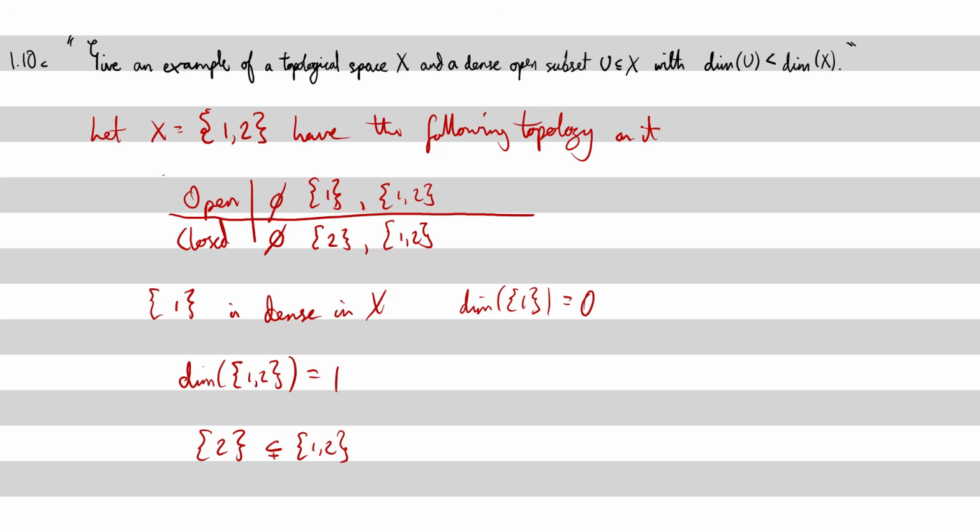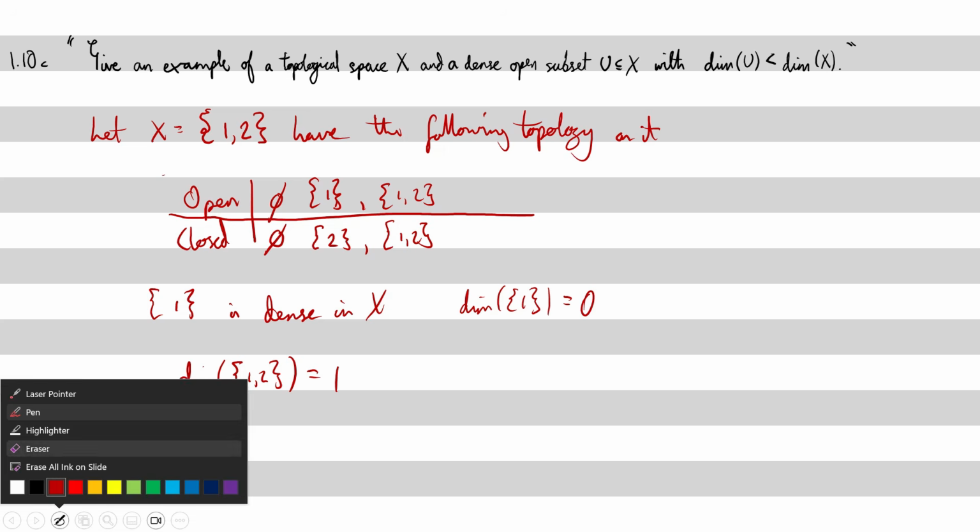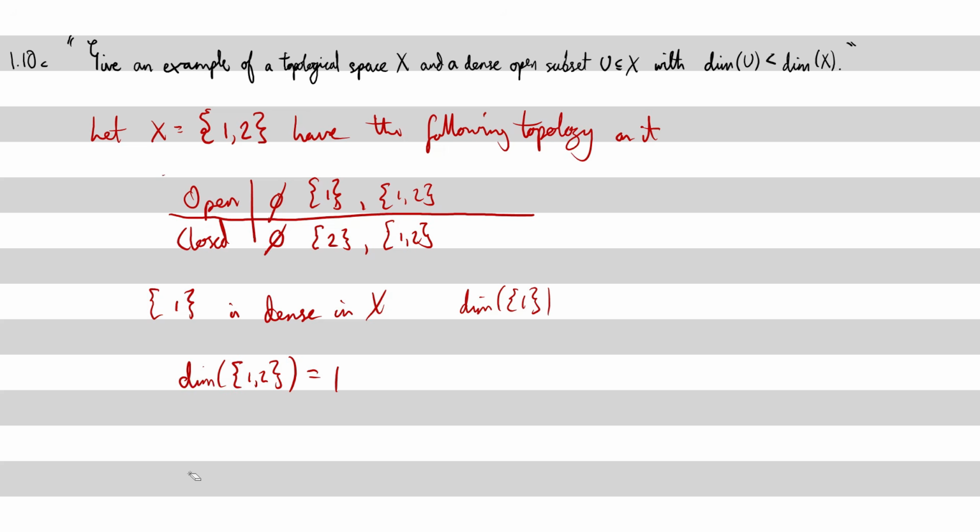If the largest chain is of dimension 0, if the largest chain is empty, is that not dimension minus 1? Well, it doesn't matter anyway because either way it's less than 1. Let's just say it's less than 1.